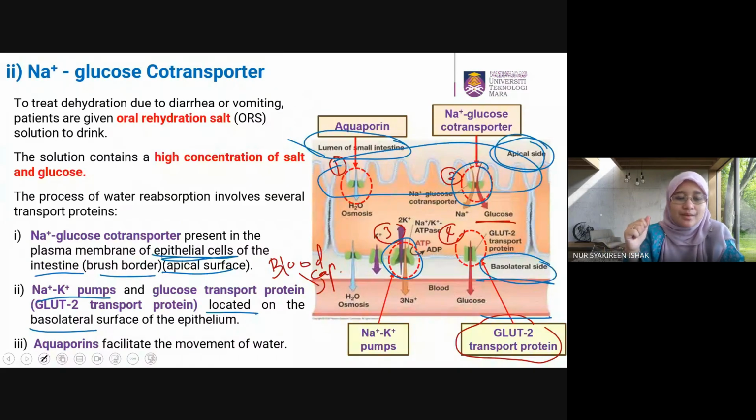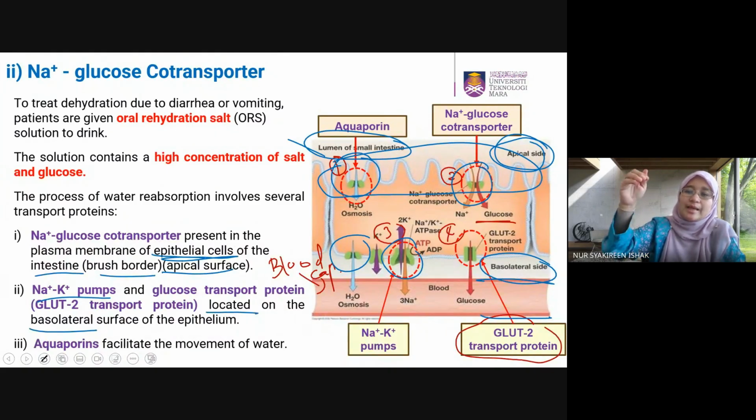And then we have the aquaporins. Aquaporin dua-dua side. The apical ada, the basolateral pun ada. Okay. For absorption of water, aquaporin facilitate the movement of water from lumen, enter into the epithelial cells, from the epithelial cells enter into your blood through the aquaporins.